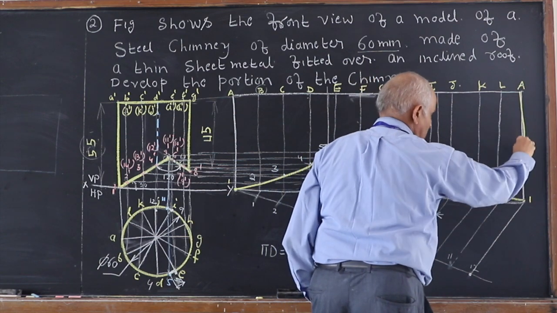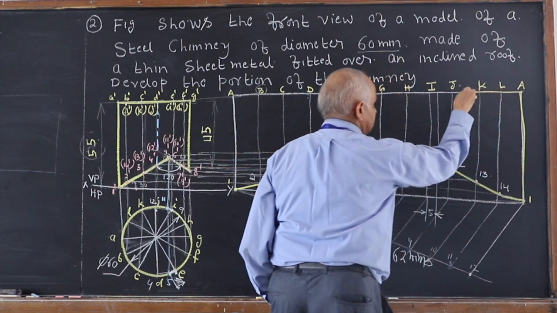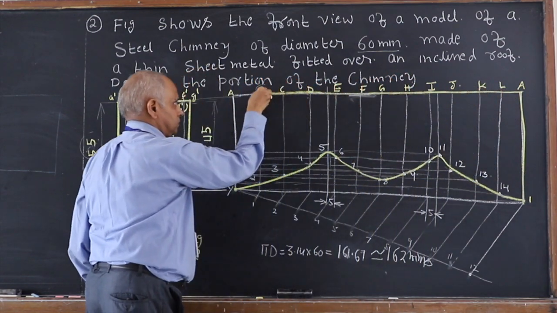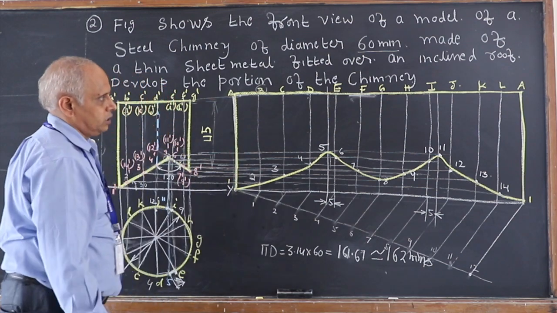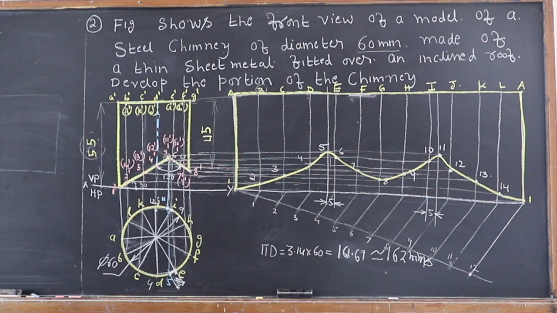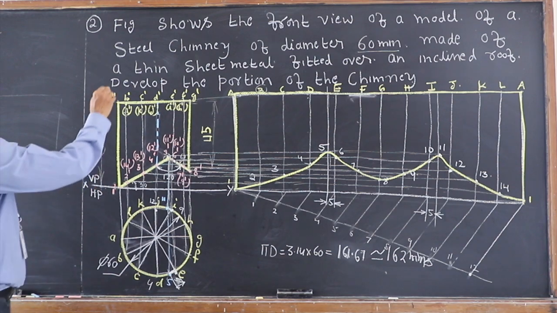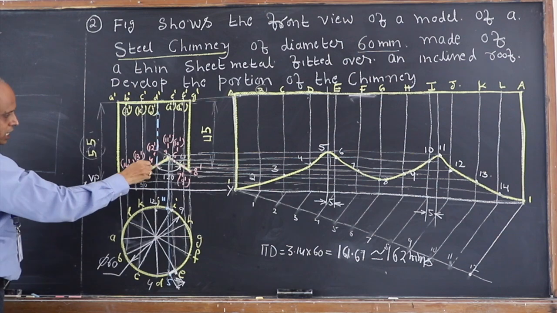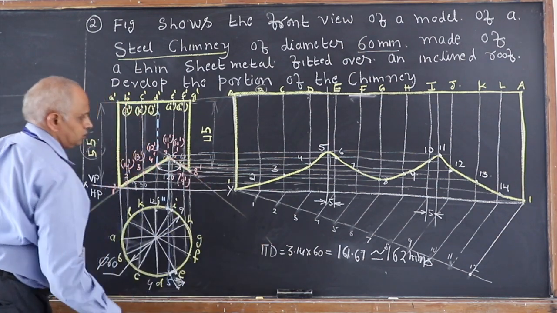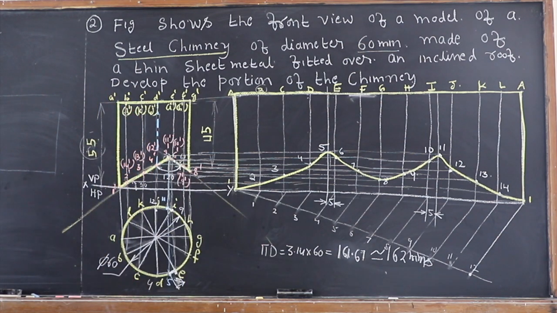Then the boundaries to be continuous thick. And this is the development of the steel chimney. Okay, so that when you fold it back, it comes here, and if this is the roof with an inclined part, then you can mount it.